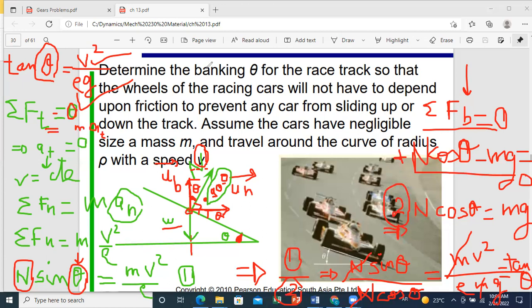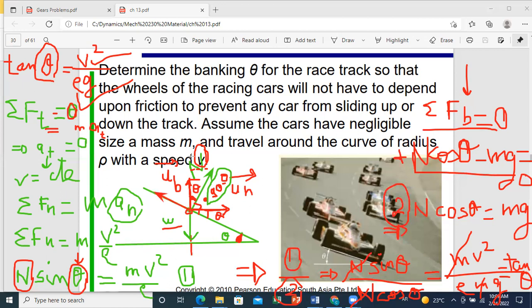Any other question? We used the fact that the car will not depend upon friction to prevent it from sliding when we considered the free body diagram of your car. Because you might tell me, maybe I have a friction acting along the incline.